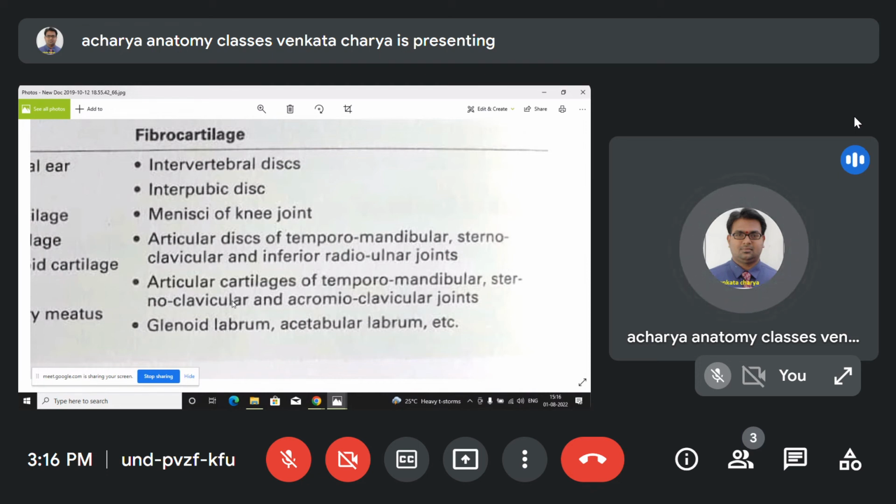Next, articular cartilages of the temporomandibular joint, sternoclavicular joint, and acromioclavicular joint. In this area, there is the presence of fibrous cartilage.